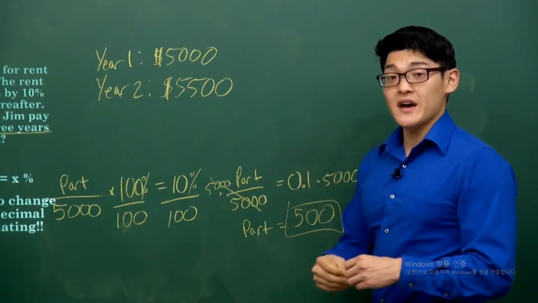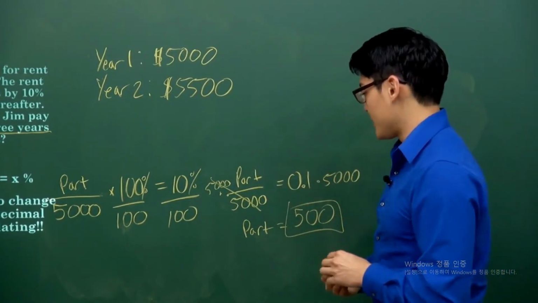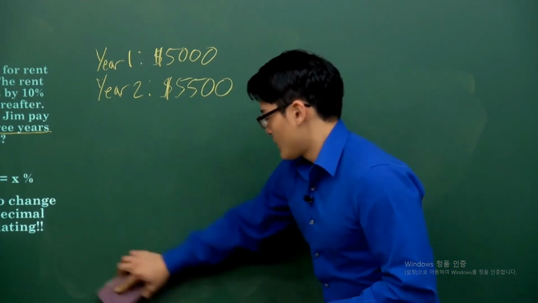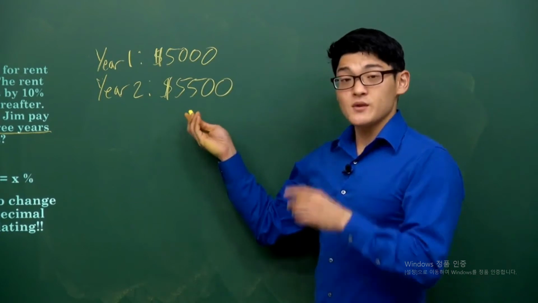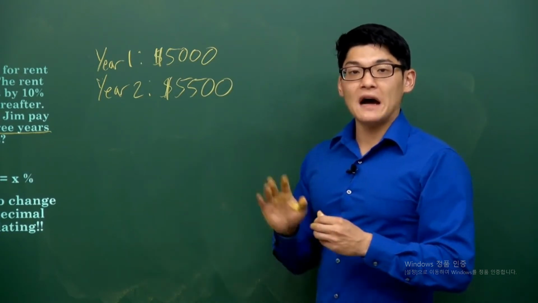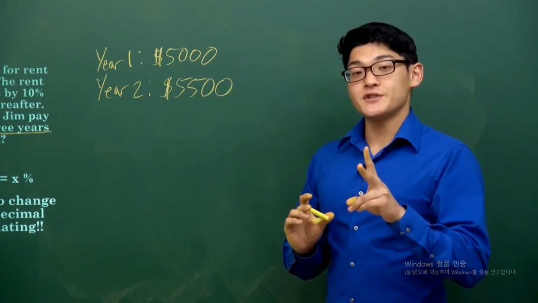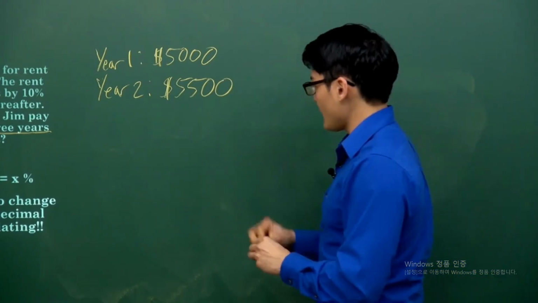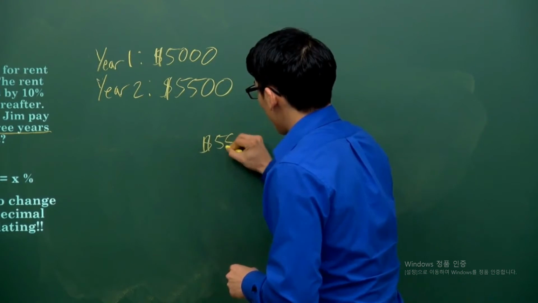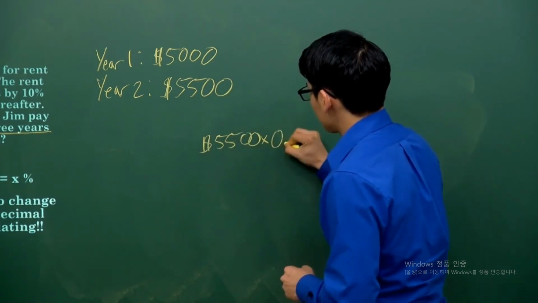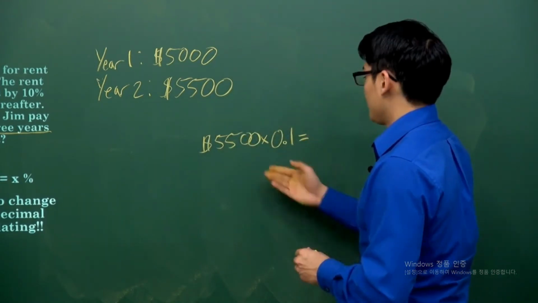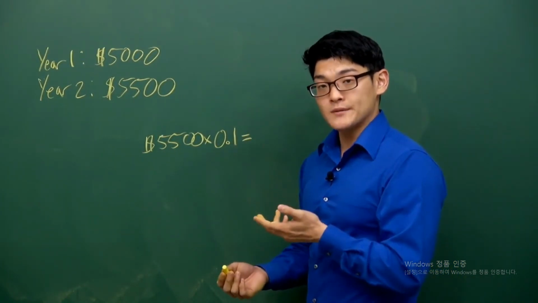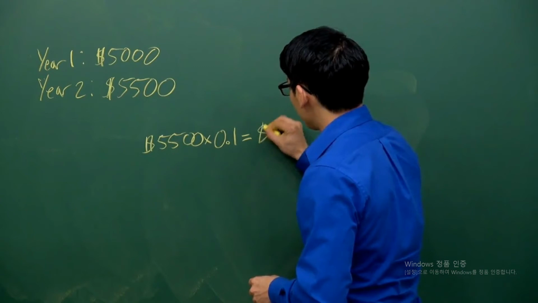So let's go ahead and do that to get how much he'll pay for the third year. I'm going to go ahead and erase this. So now we know that he's paying $5,500 for year 2. Then the rent again increases by 10%. So let's multiply how much he's paying for year 2 to get how much it will increase for year 3. So 5,500 times 0.1 is going to be $550.